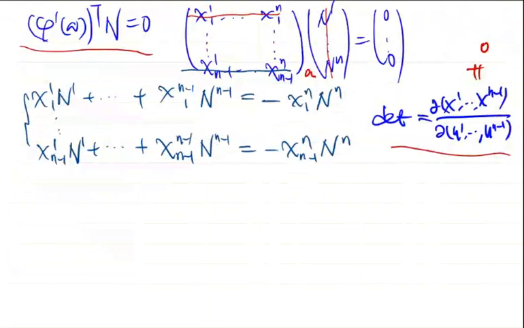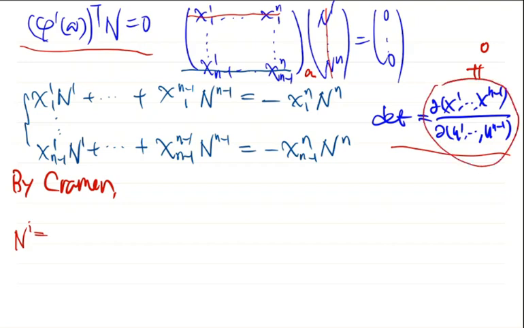Okay, so by Cramer's rule, we can get the formula for N_1, N_2, ..., N_{n-1}. So N_i is the determinant of this equation's coefficient matrix with a column replaced.